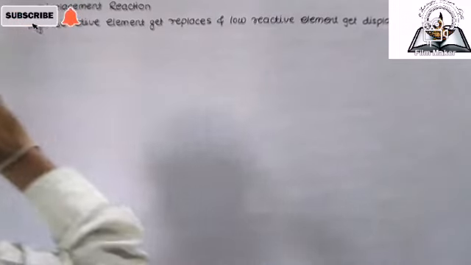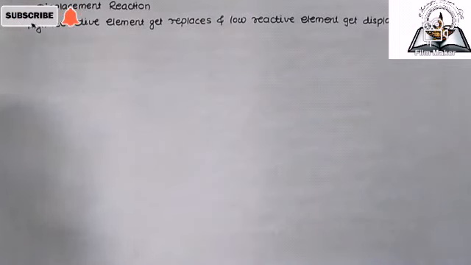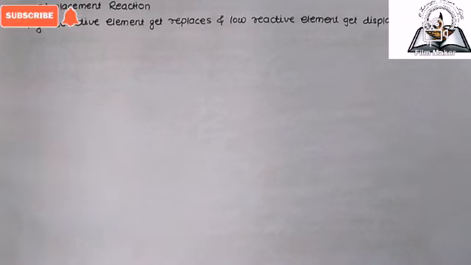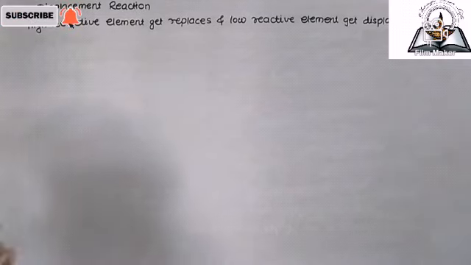So what is meant by displacement reactions? A high reactive element replaces and a low reactive element gets displaced, then the reaction is said to be a displacement reaction. If we look at examples, which are the examples?